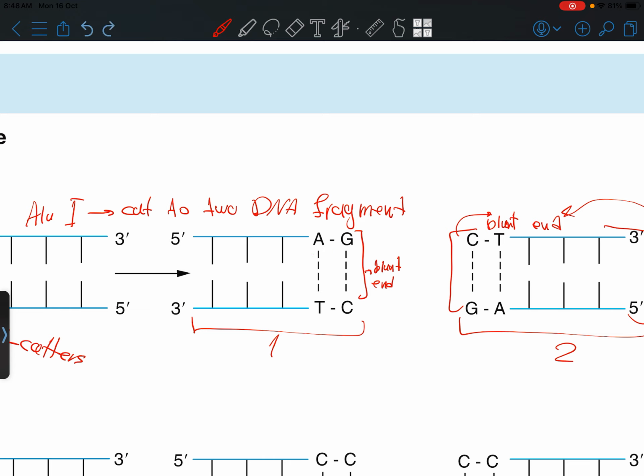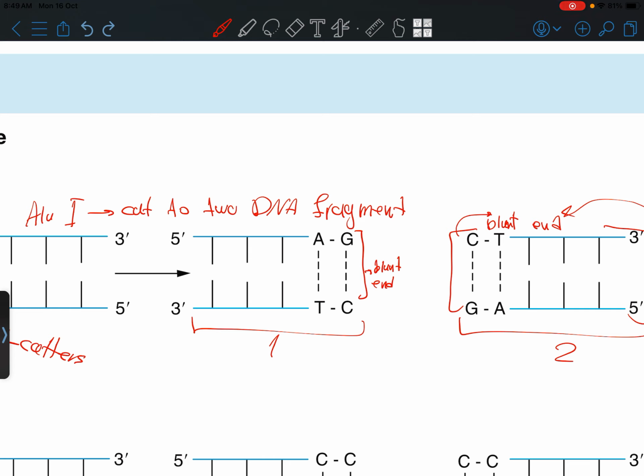All the DNA ligase does is observe that there is a G next to an A, and there is no phosphodiester bond between them. The ligase will make this phosphodiester bond. Okay? The DNA ligase does not bring the two sticky ends together.